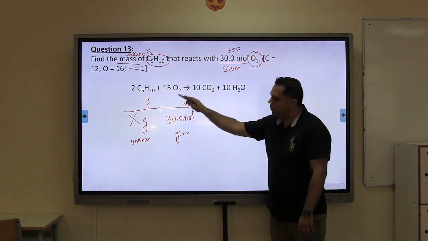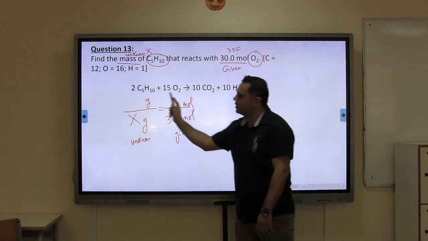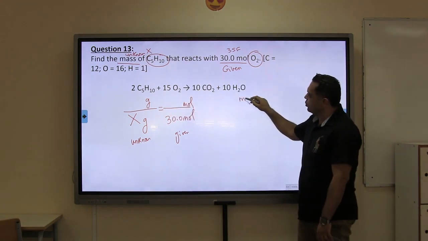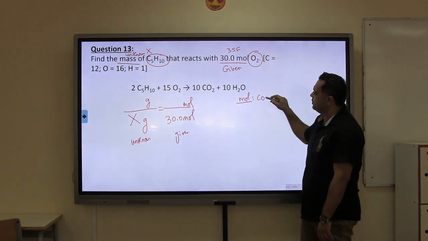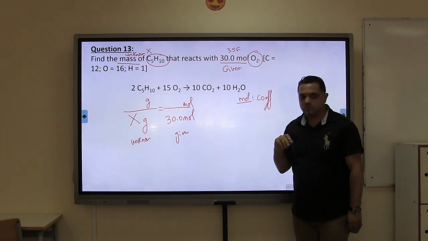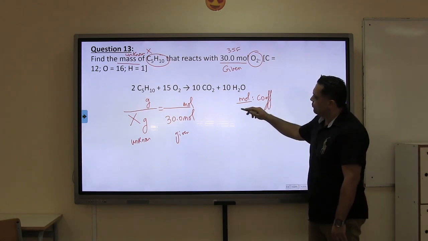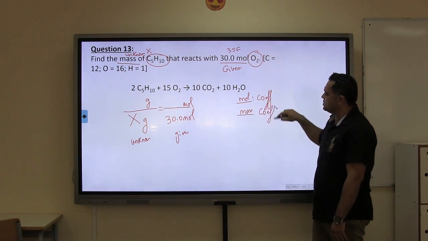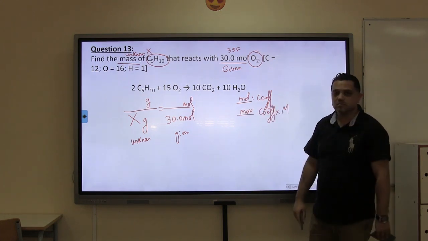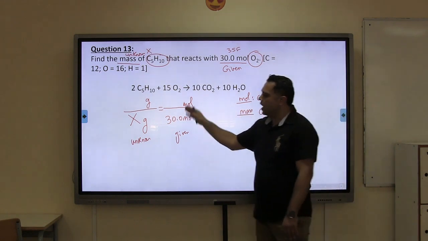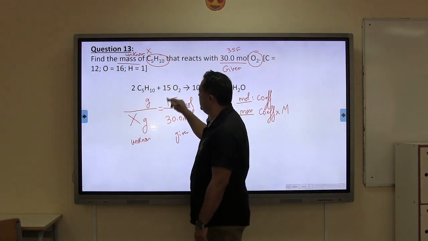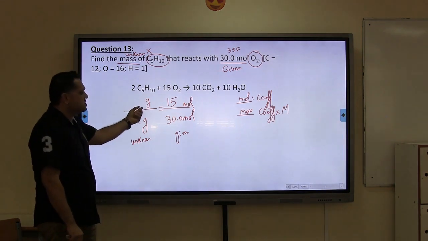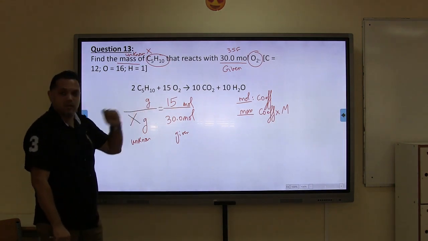To get the most convenient ratios, the numbers at the top here from the reaction ratio: for the moles, I will look only at the coefficient. For the mass, it will be the coefficient times the molar mass. So for the moles here, I look only at the coefficient, which is 15, 15O2, just 15. For the mass, grams, coefficient times molar mass.